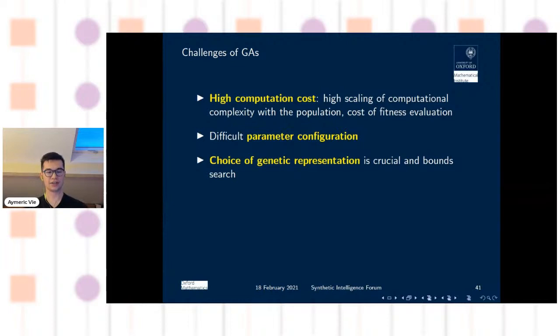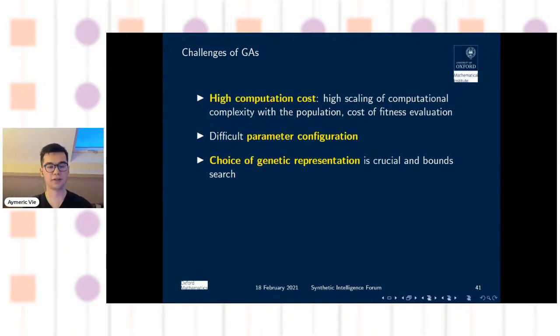By adopting a specific genetic representation, you are really setting bounds on the search. You're saying, okay, I'm looking at all the different combinations of 0s and 1s over a length of 100, but you're not looking at everything else. You're just looking at this representation. You're really constraining your search.